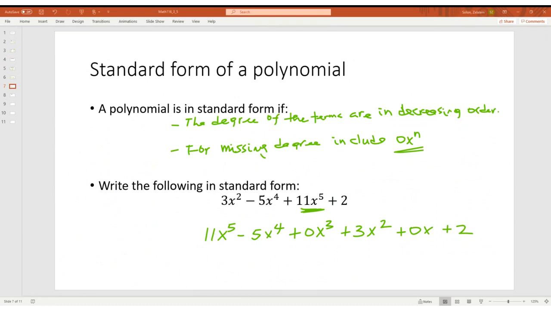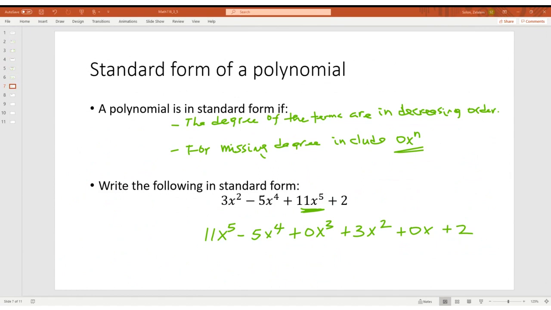Two things to always remember: the degrees have to be in decreasing order, and if there is any missing term in between, you have to include 0 x to the power of n. In this case, we are missing x to the power of 3, so I put 0 x to the power of 3. If you are missing x, you have to put 0x. Okay? Because it will be very important when you do division of polynomials.